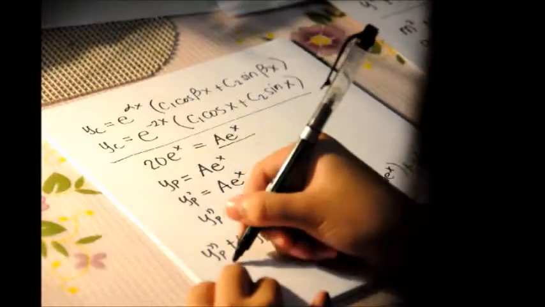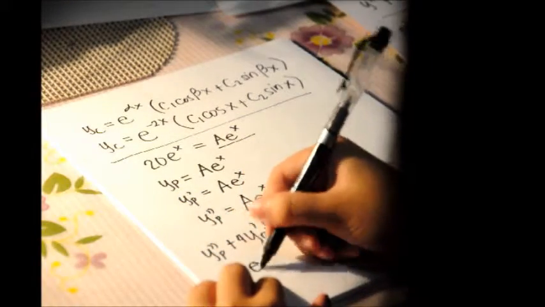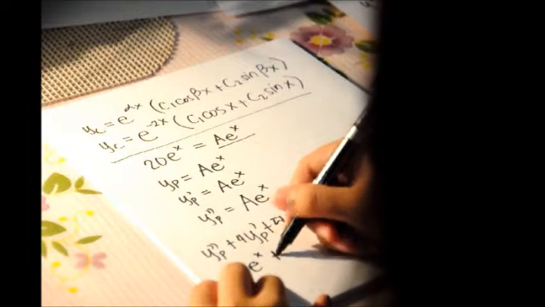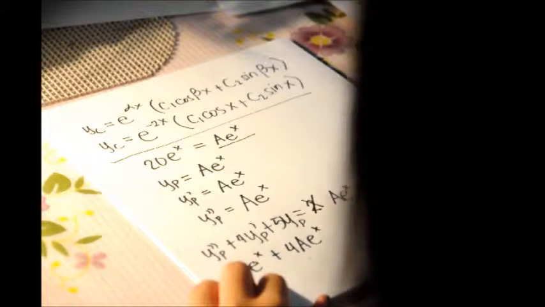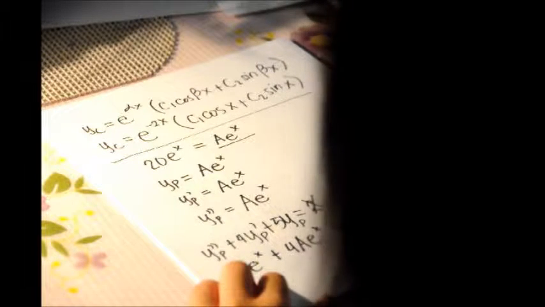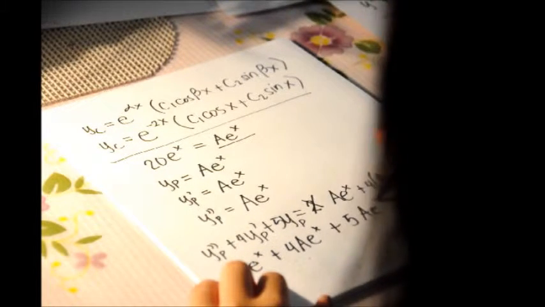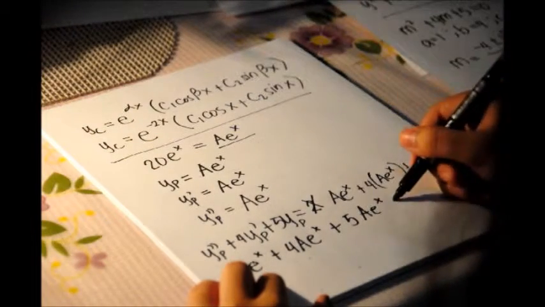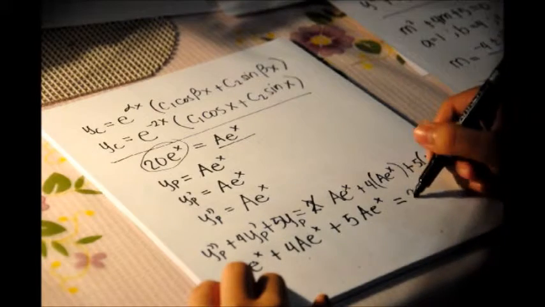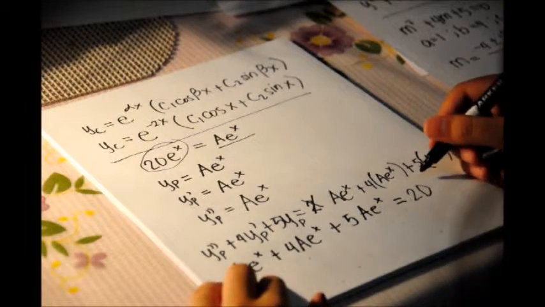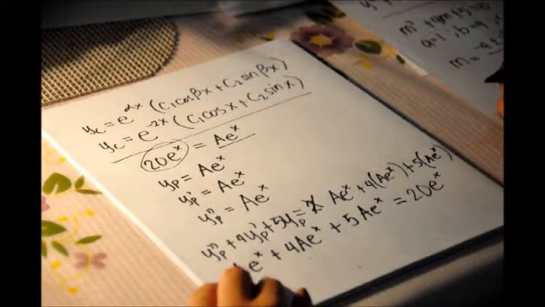So now we have a e to the x plus 4a e to the x plus 5a e to the x, and we equate it to our f of x, which is 20 e to the x.